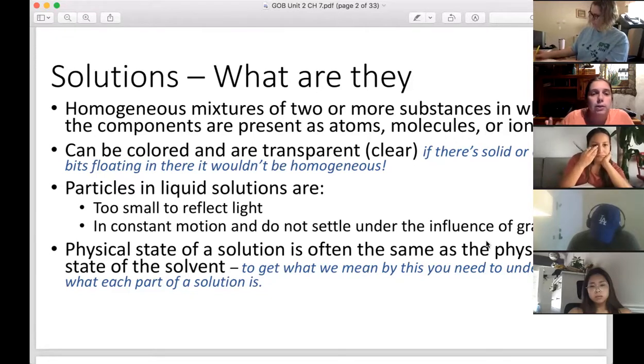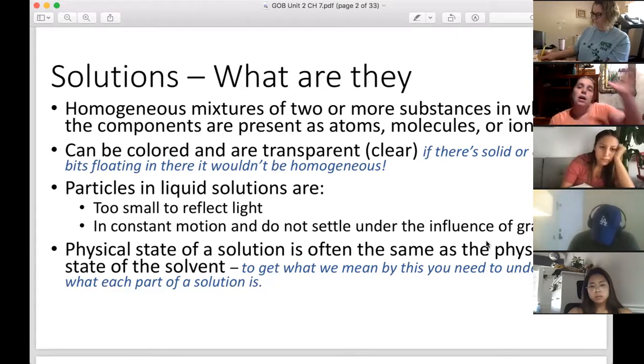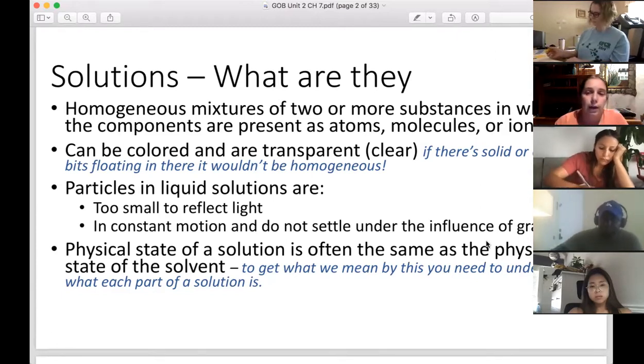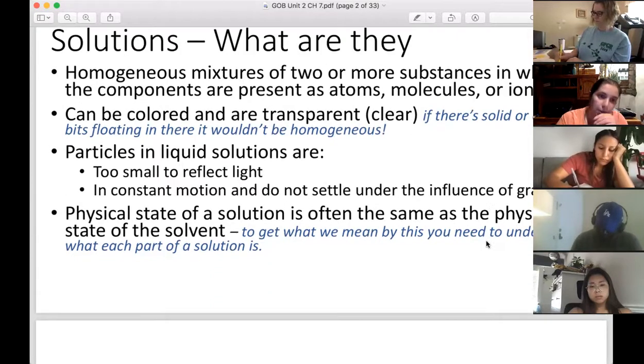Particles in liquid solutions are too small to reflect light, and they're in constant motion. Just like everything else, kinetic molecular theory, they're moving and shaking in there. They do not settle under the influence of gravity because there are a lot of intermolecular forces going on, so that plays an effect.